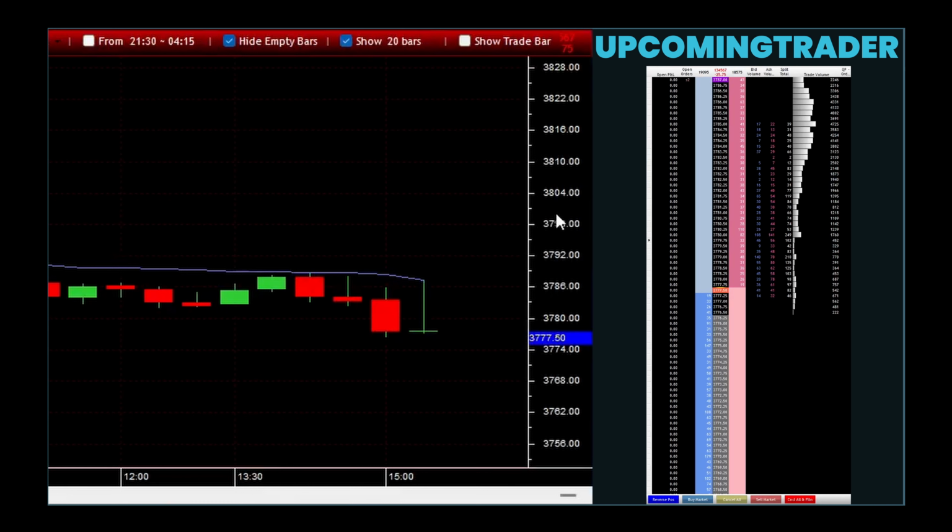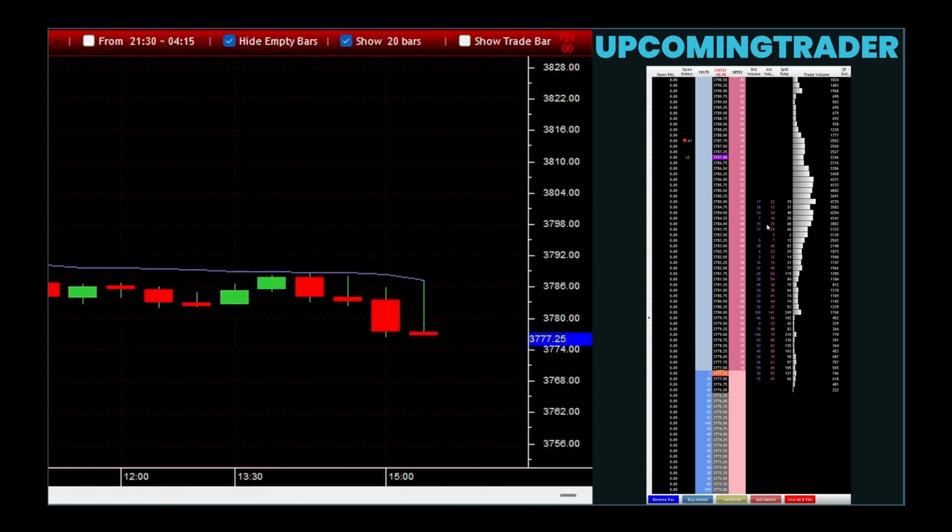2. Volume analysis. Consider the trading volume during the period the gravestone doji appears. Increased volume can reinforce the validity of the reversal signal. 3. Context matters. Evaluate the gravestone doji within the broader market context, including trends, support and resistance levels, and other technical indicators.